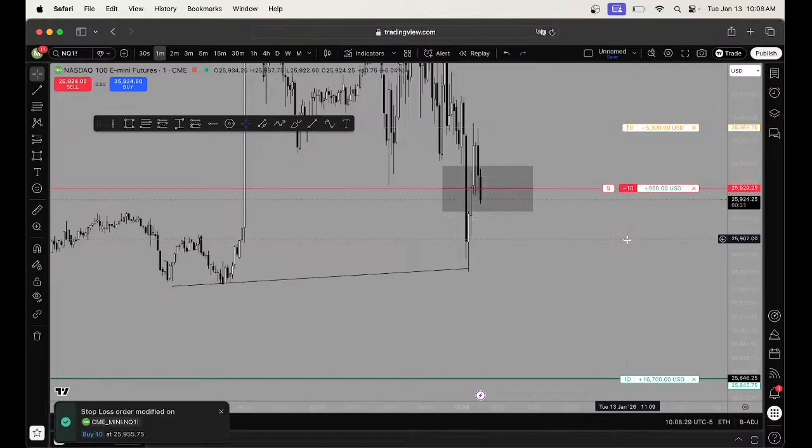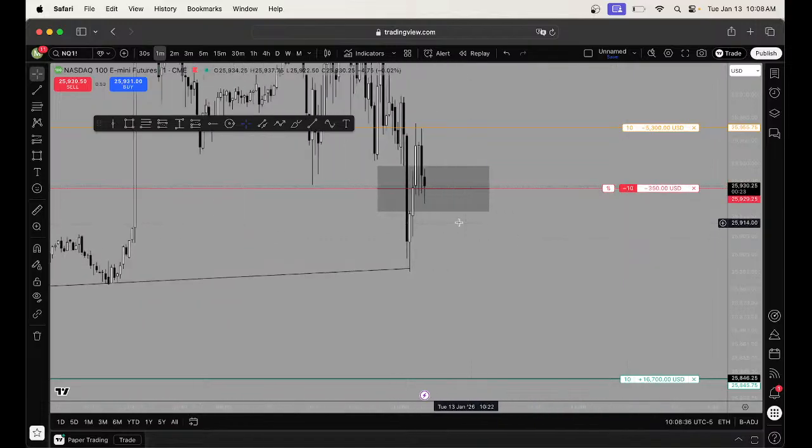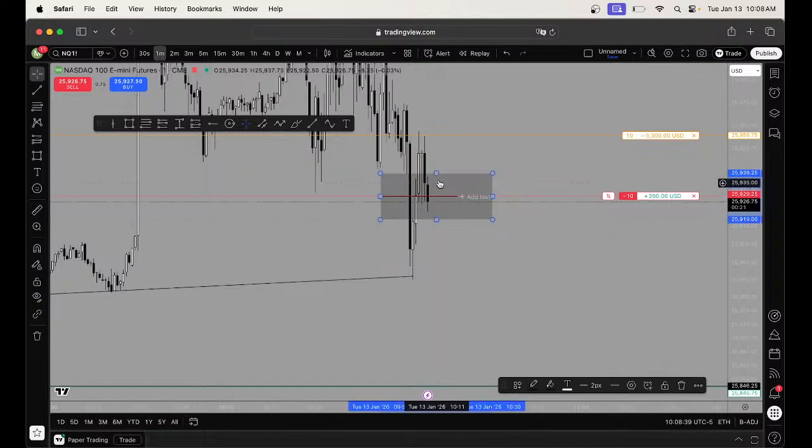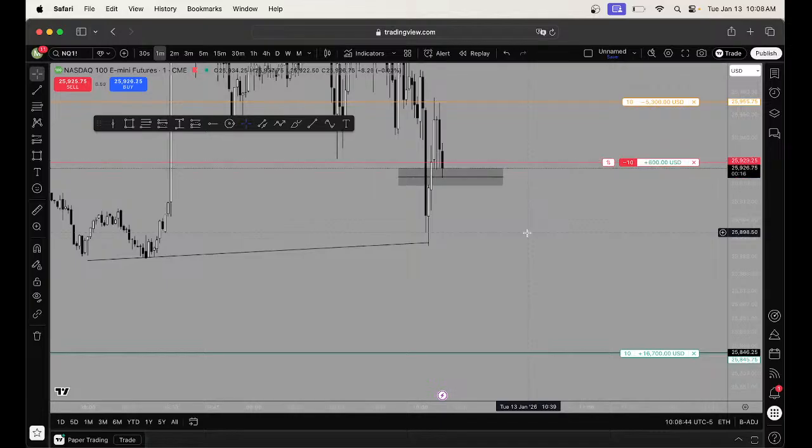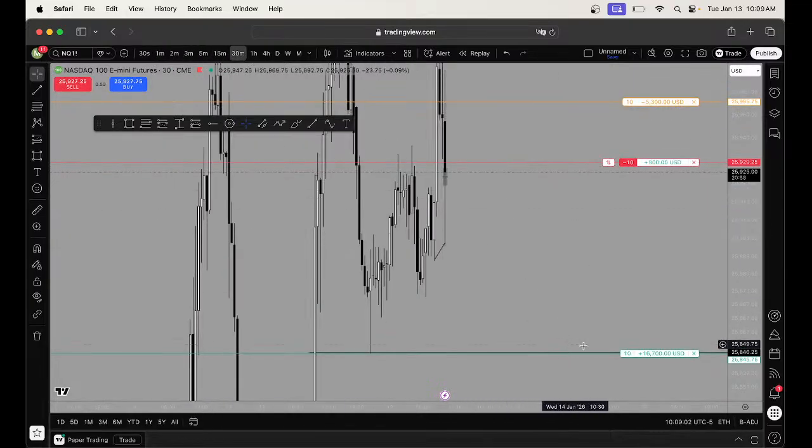Small continuation trade. I want to see this get inverse too. We might not even get down here, to be honest.